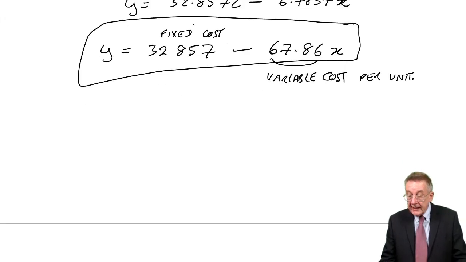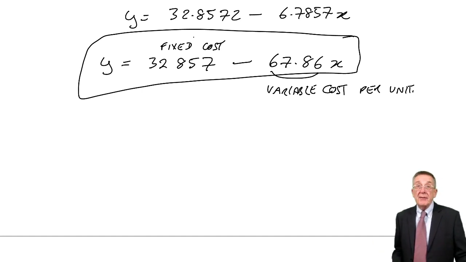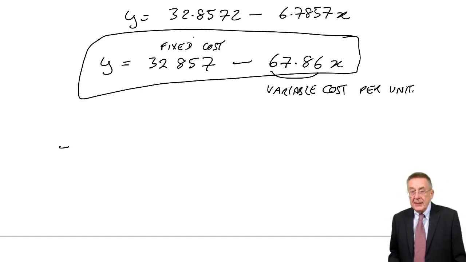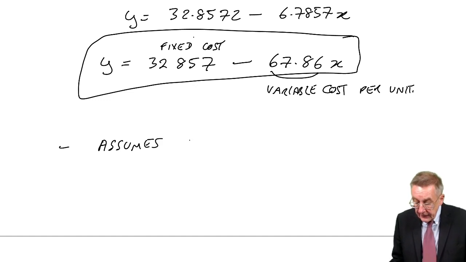I explained before why it's a better way, perhaps, of calculating, splitting out the semi-variable cost into fixed and variable, but it's still not perfect. One problem is that it does assume there is a linear relationship.